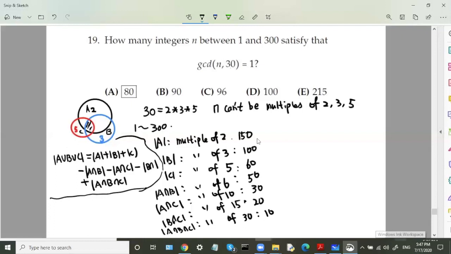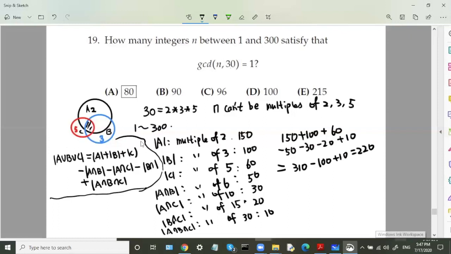So the total multiples of 2, 3, 5 between 1 to 300 equals 150 plus 100 plus 60, minus 50, minus 30, minus 20, plus 10. So that equals 310 minus 100 plus 10, which is 220.